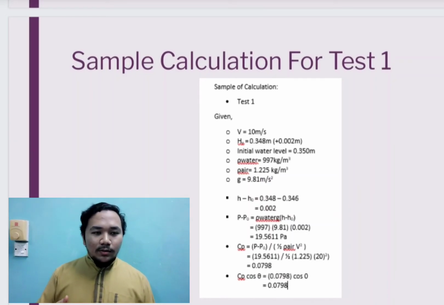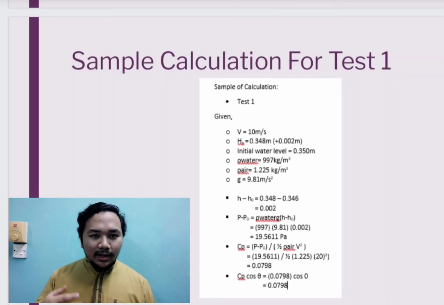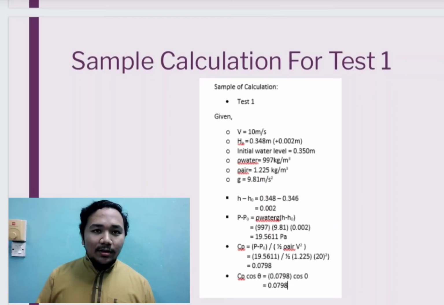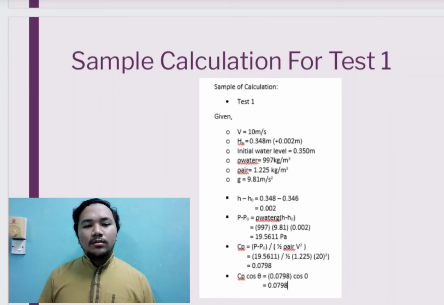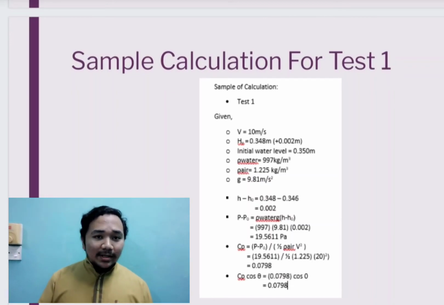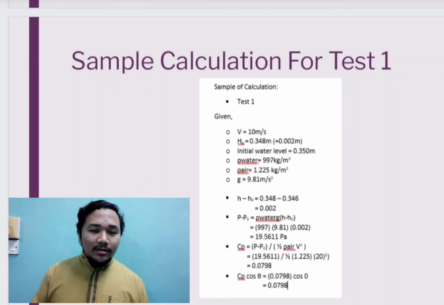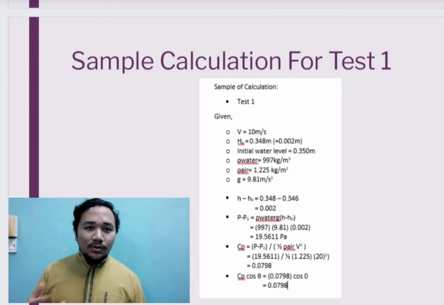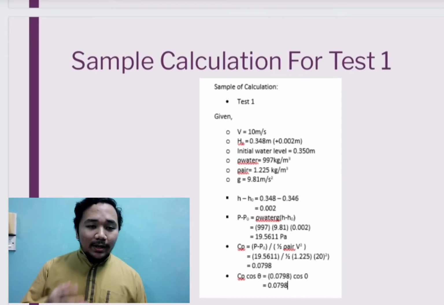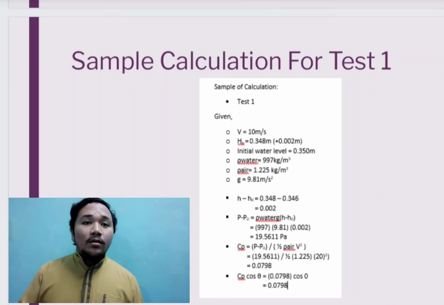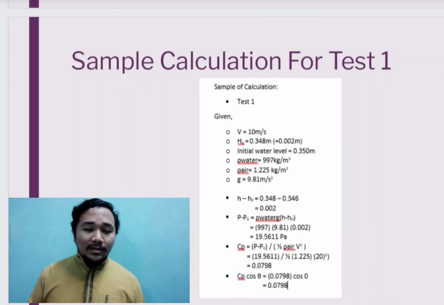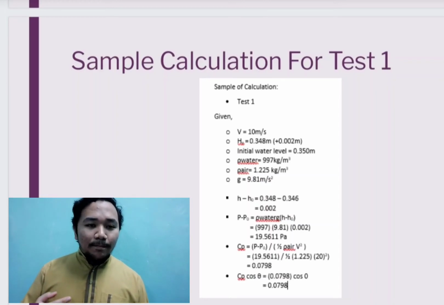Okay, to search for H minus H naught, H is given, so for data 1 it is 0.002. To search for pressure, we need to find pressure minus pressure naught.